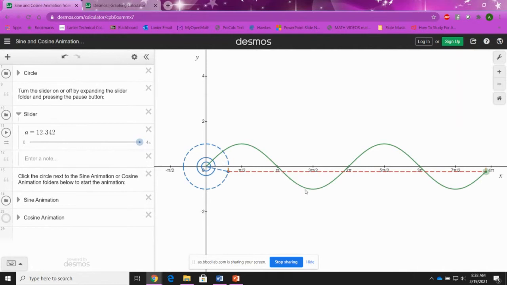We go down until we're at -1 at an angle of 3 pi over 2, and we come back to 2 pi. And then we start oscillating again. So we get this idea of a periodic function because it's repeating every 2 pi, starting on the x-axis and going up, coming down, hitting the x-axis, going up, coming down, hitting the x-axis. So it's repeating every 2 pi.